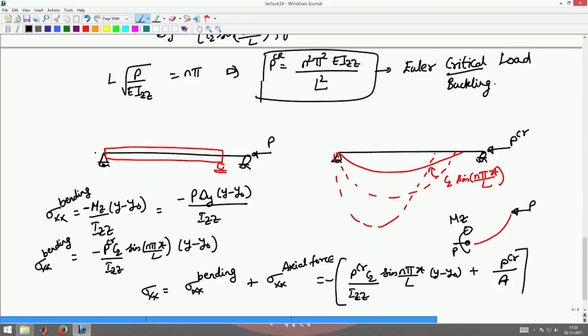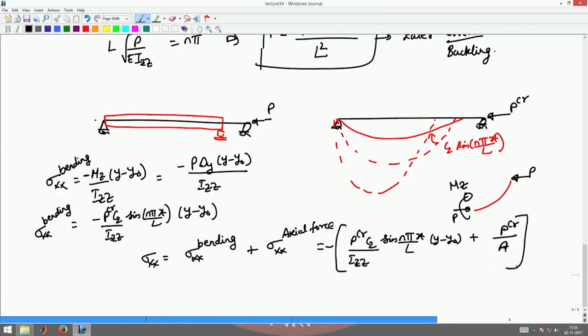Now I can write Izz as A times r squared, where A is the area of cross section and r is the radius of gyration.